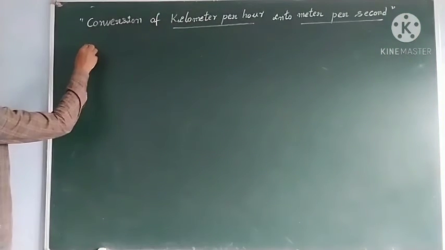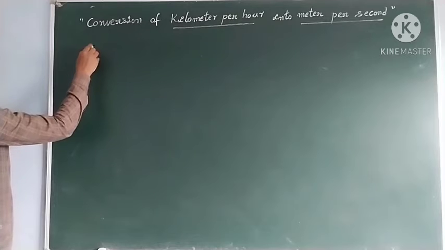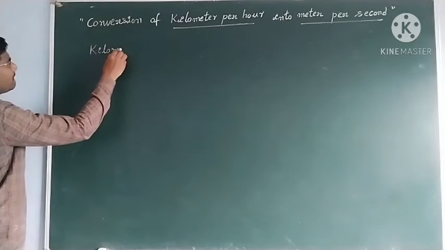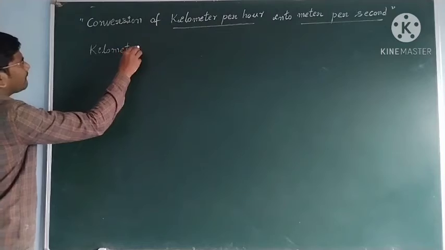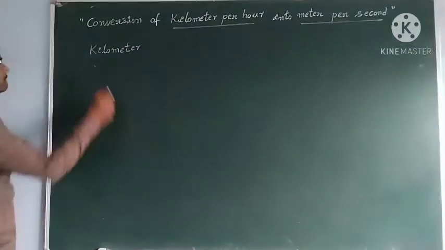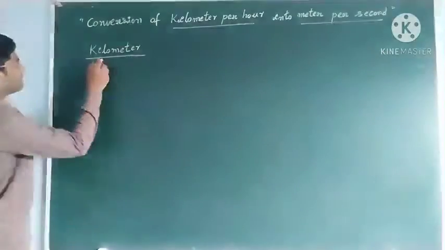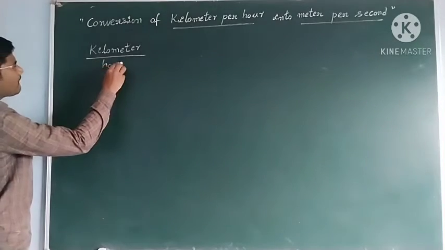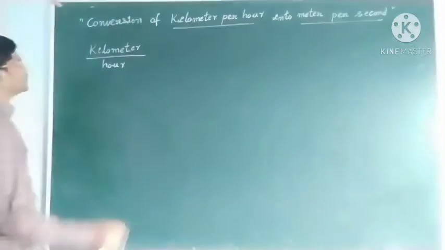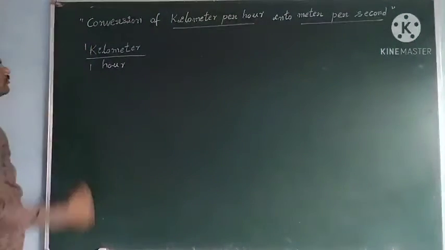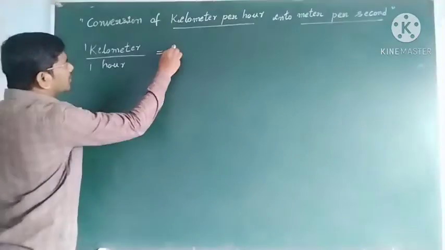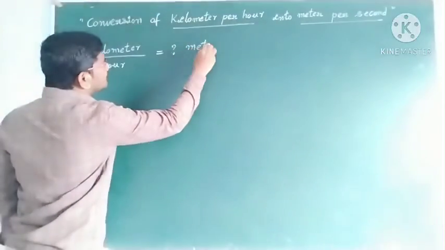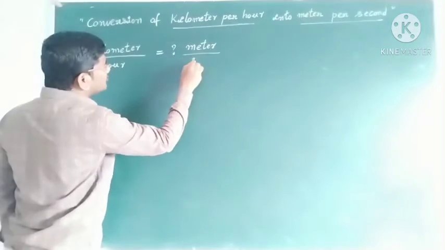So kilometer by hour. So 1 kilometer by 1 hour is equal to how many meters per second? I want to check this, students.